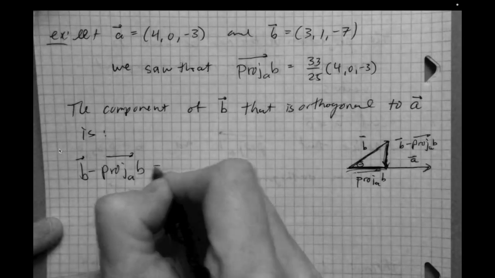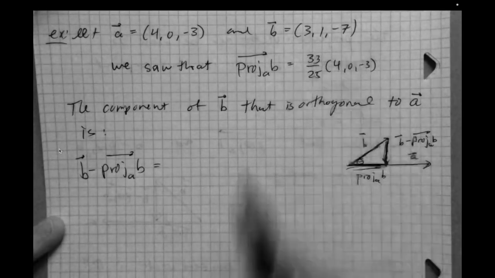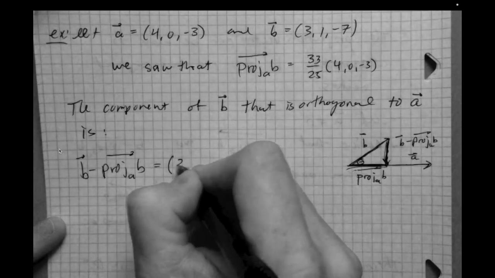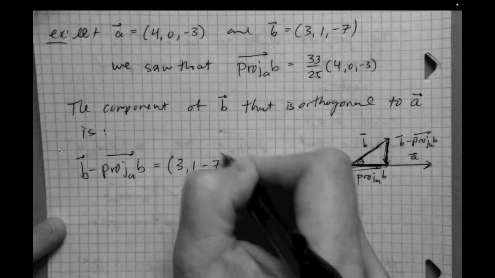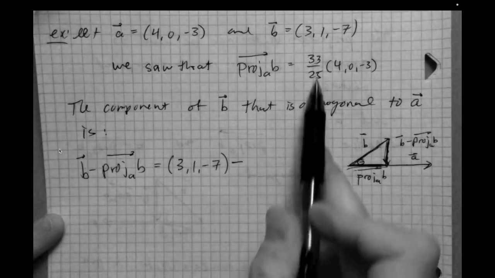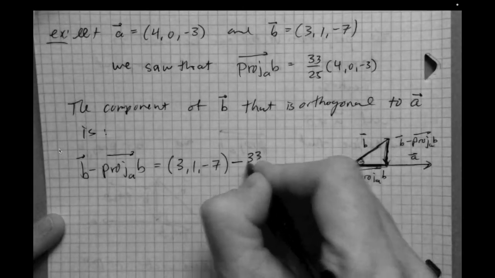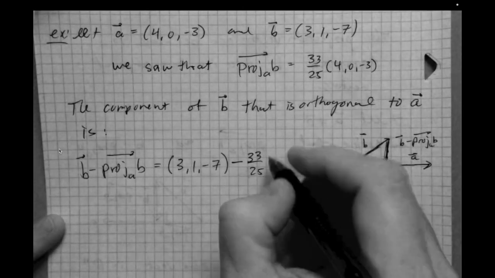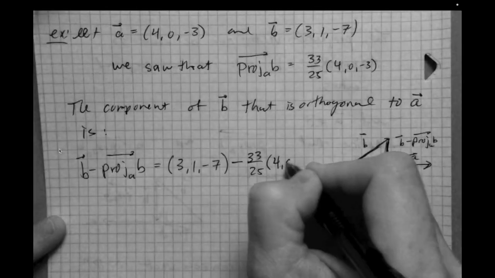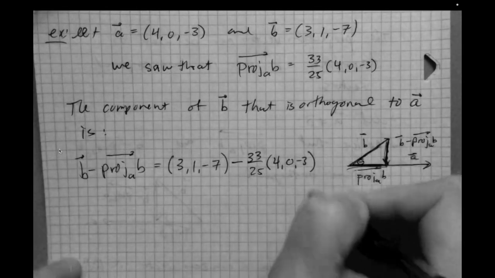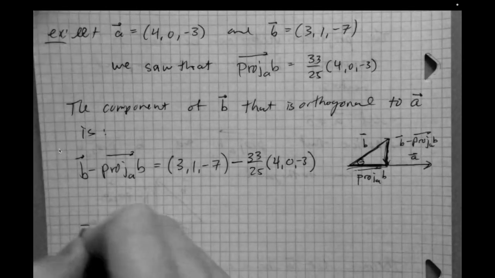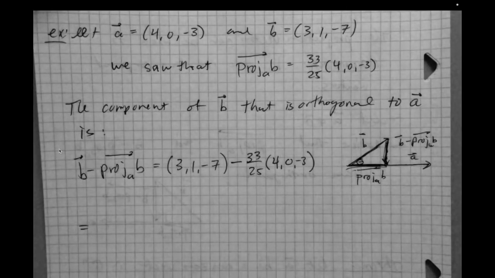Okay, and so we can calculate that vector specifically in this case because we're given a real vector. So 3, 1, negative 7 minus this guy, 33 over 25 times 4, 0, negative 3. Okay, and so when we subtract vectors like this, we just need to deal with the components, right?